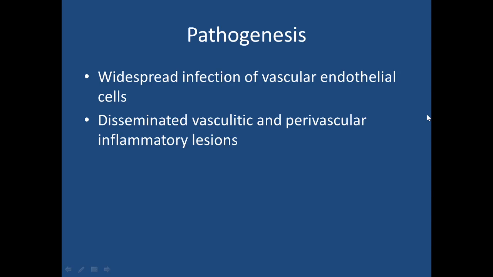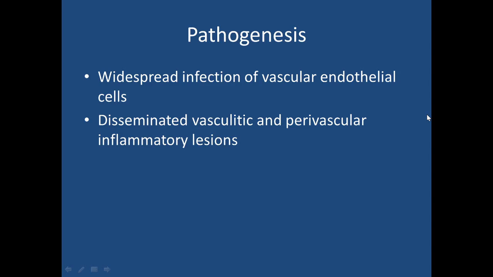Orientia tsutsugamushi invades our body and is spread by the larval stage of the trombiculid mite. When these larvae feed on human blood, they release Orientia into our body, and these Orientia go inside the endothelial cells, where they start replication and cause infection of the vascular endothelial cells, and this leads to widespread vasculitis.